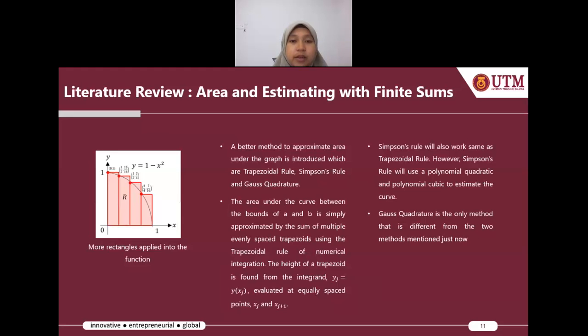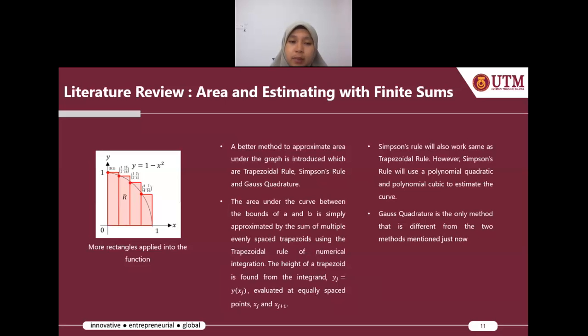For the trapezoidal rule, the area under the curve between the bounds a and b is simply approximated by the sum of multiple evenly spaced trapezoids. The height of a trapezoid is found from the integrand evaluated at equally spaced points x_j and x_{j+1}.